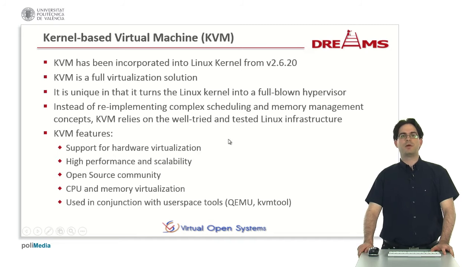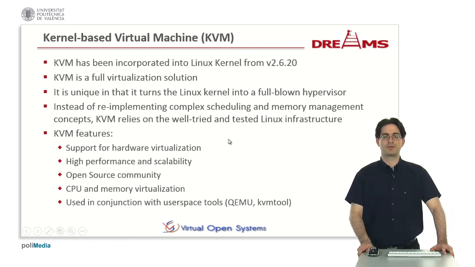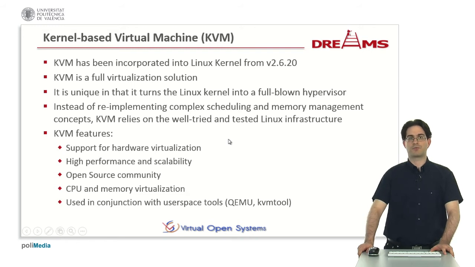KVM has been in the upstream Linux kernel since version 2.6. It's a full virtualization solution, but it uses multiple approaches. It combines emulation, not by itself, as we will discuss later, para-virtualization and hardware-assisted virtualization for all types of workloads.